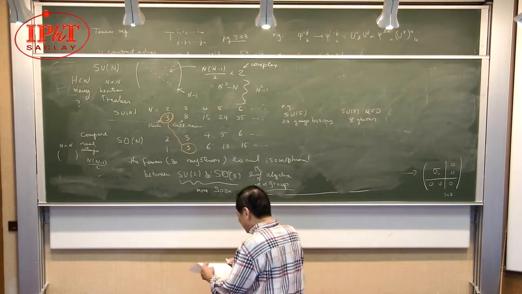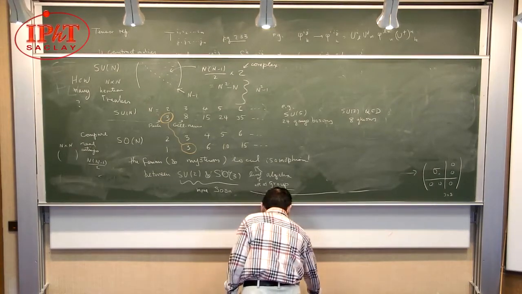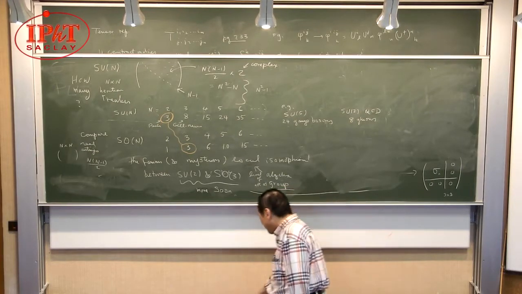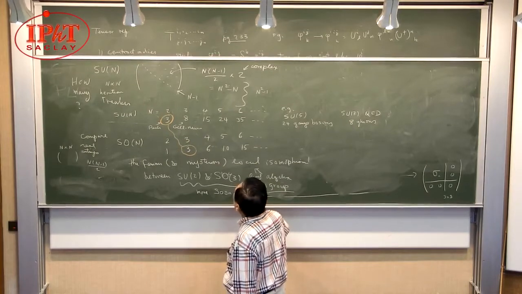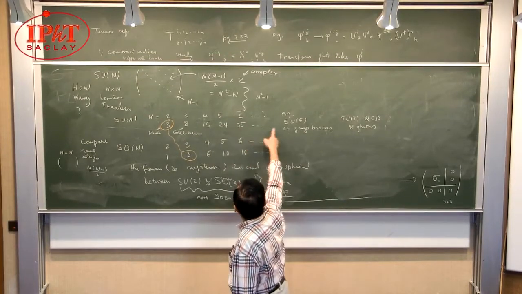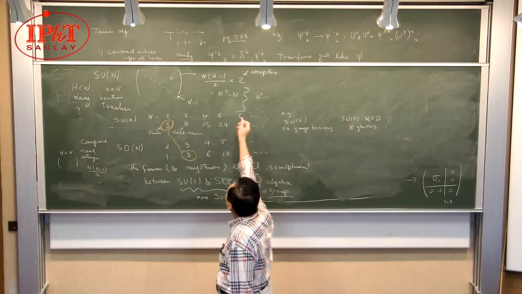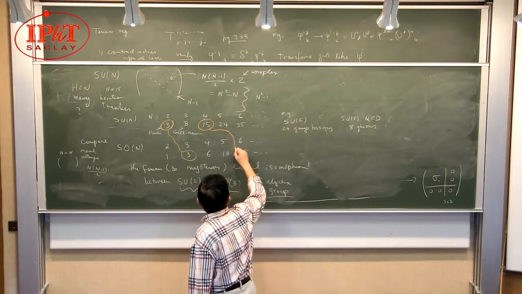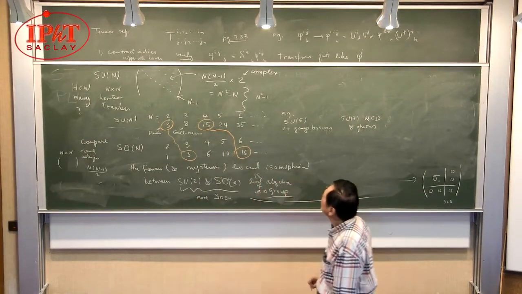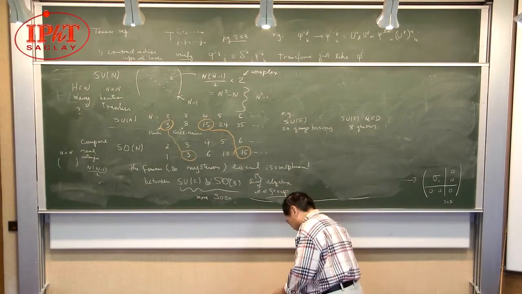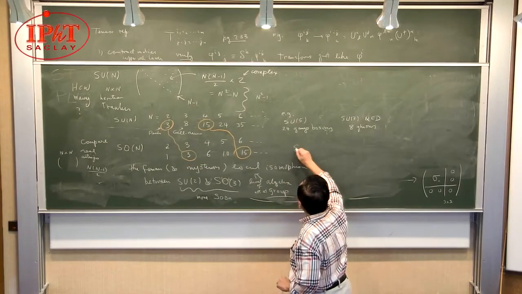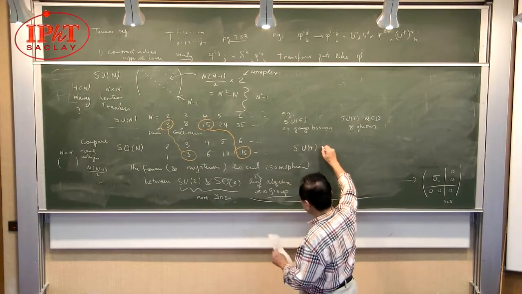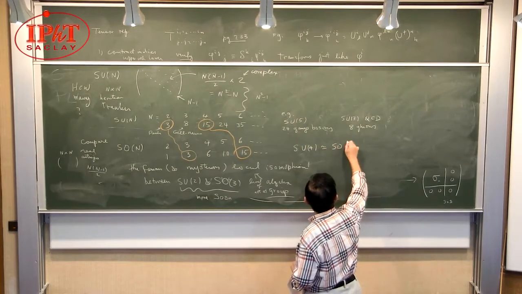But now you notice another remarkable coincidence. In general, these numbers are not the same. But then, as the student pointed out, this 15 appears. So the question is whether SU(4) is locally isomorphic to SO(6).